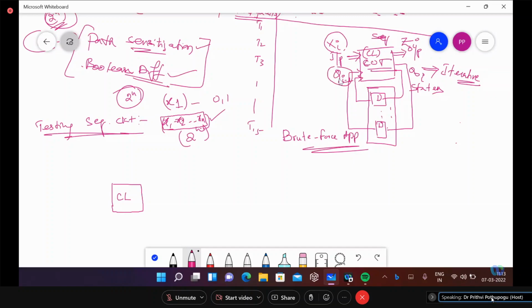This internal one is generated by the previous external input with the previous response of the design. Hope you understood this. That means Q of i minus 2 will define Q of i minus 1, which will be fed to the X of i condition.